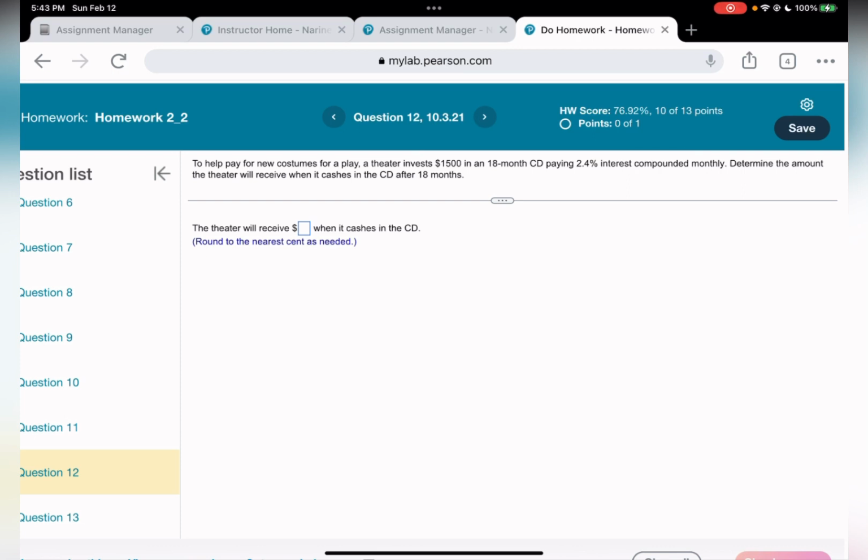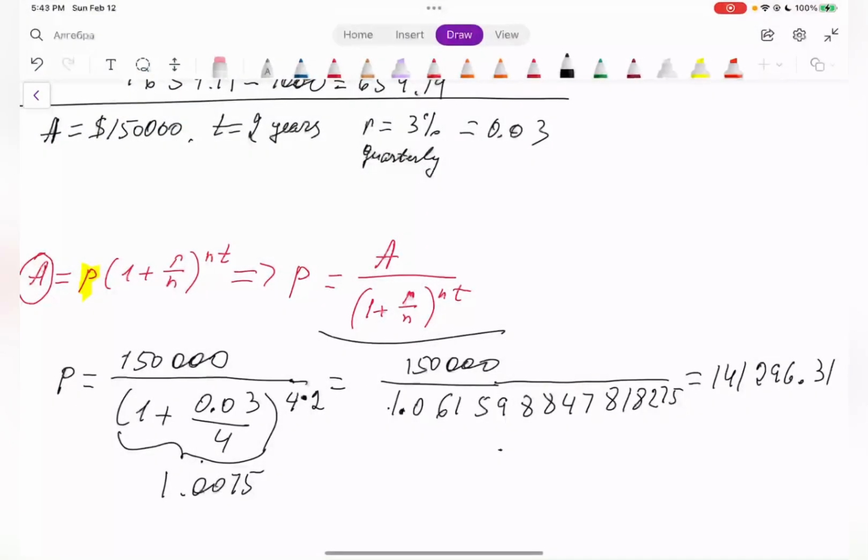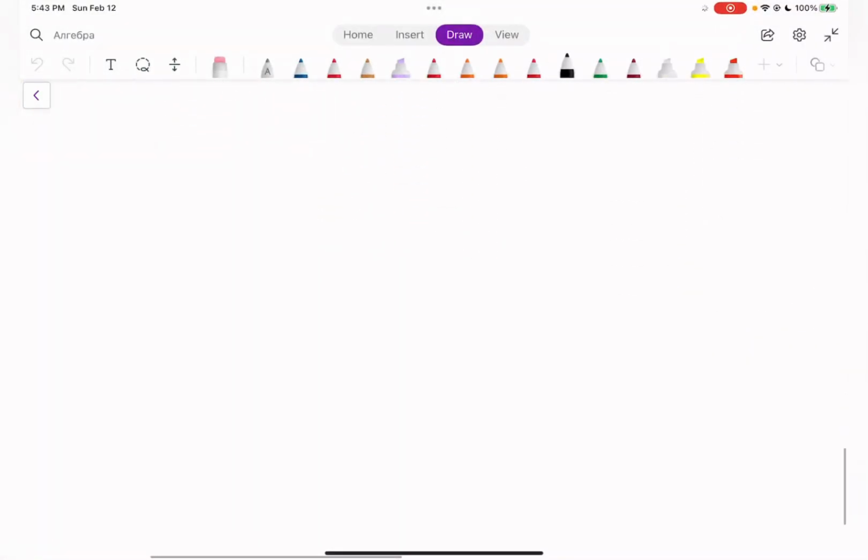All right. So what do we have here? We have our principal is equal to 1500, because it says to help pay for new costumes for a play, a theater invests 1500.